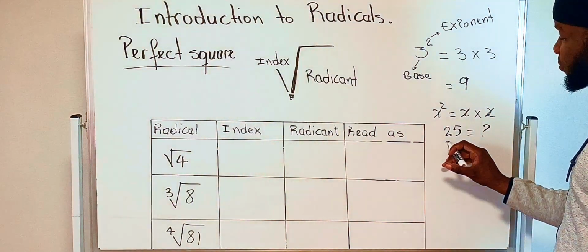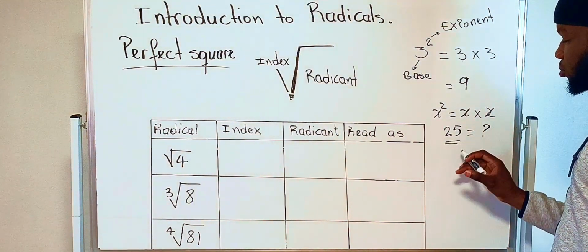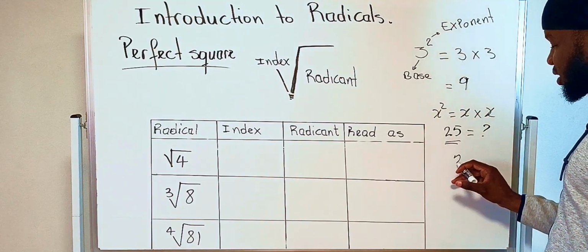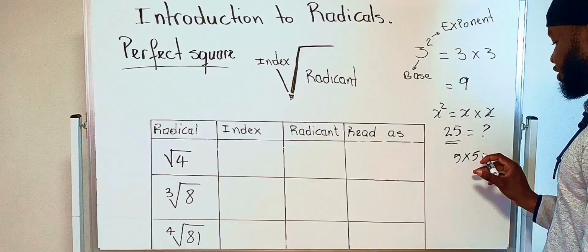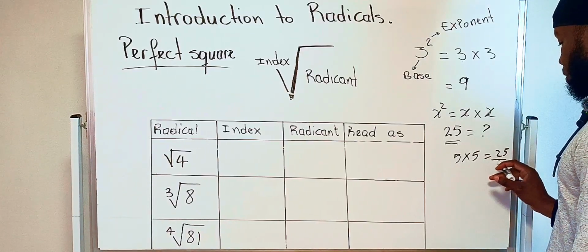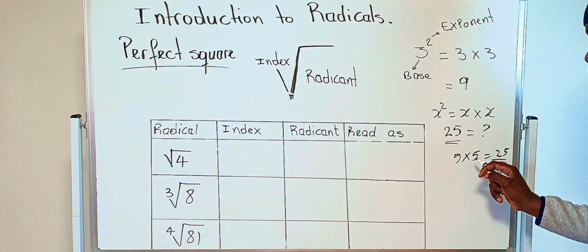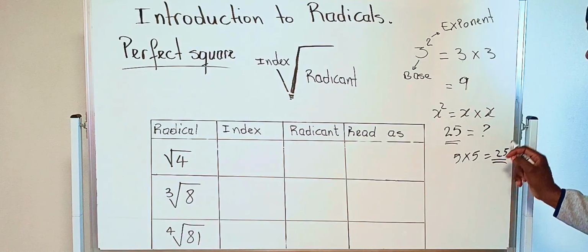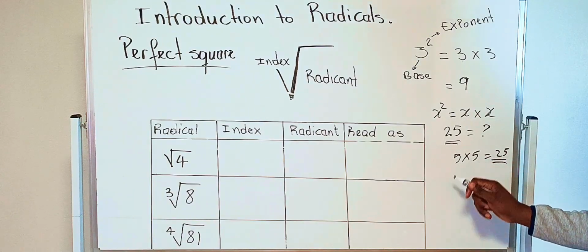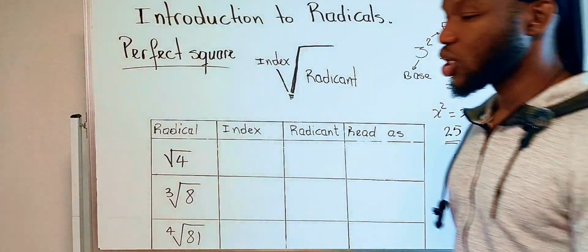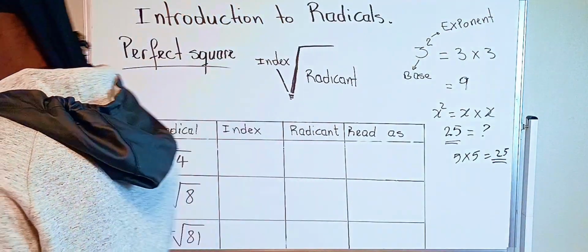So let's see if I can find two identical numbers that, when I multiply them, give me 25. I know 5 times 5 gives me 25. That means 25 is a perfect square since it is the product of two identical rational numbers.